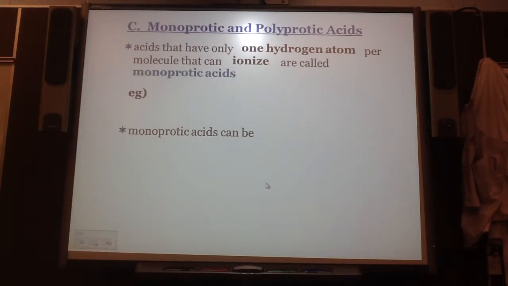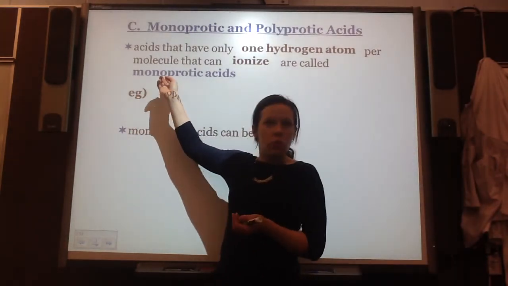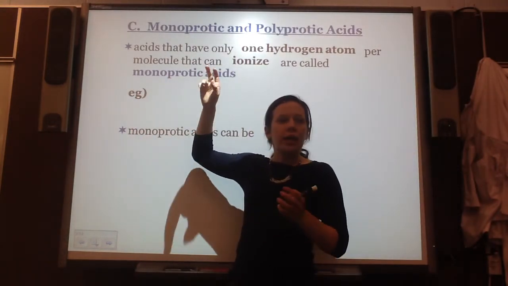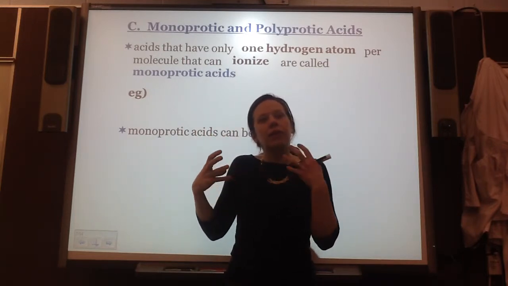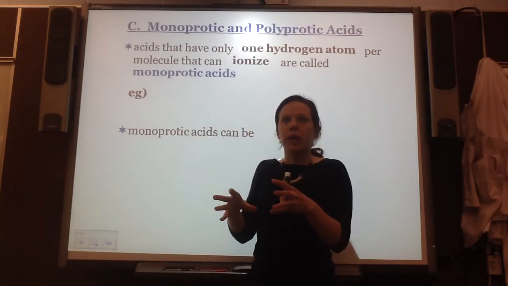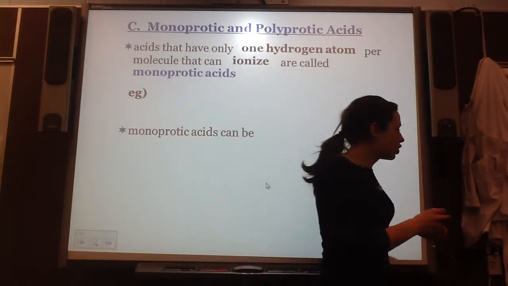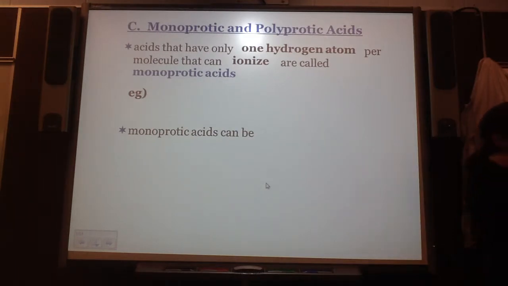These are called monoprotic acids. The part mono means one. Protic, think of it as proton. Remember how I keep saying, think of your hydrogens almost like protons? Because a hydrogen charge, hydrogen plus one, means it only has a proton.